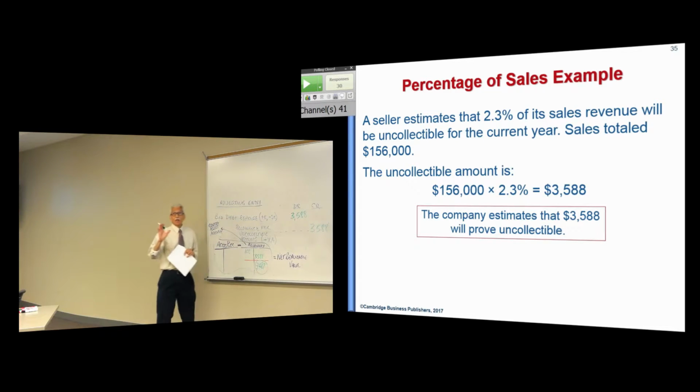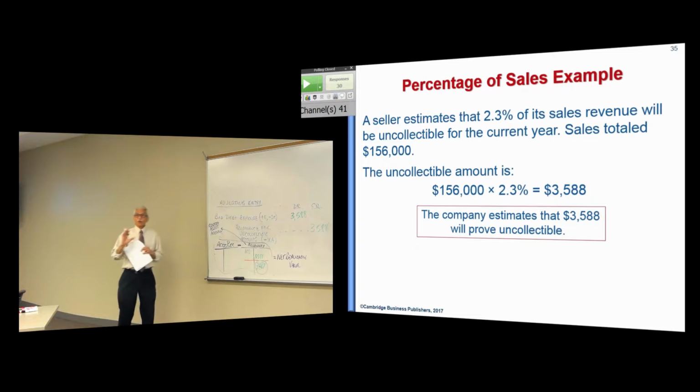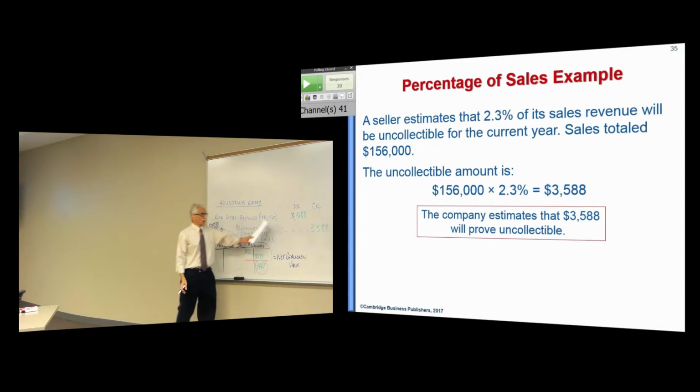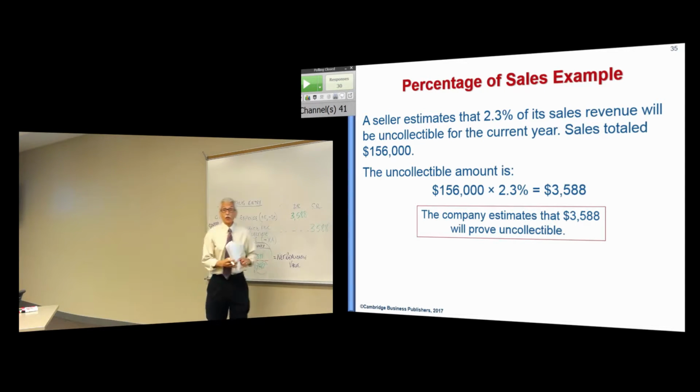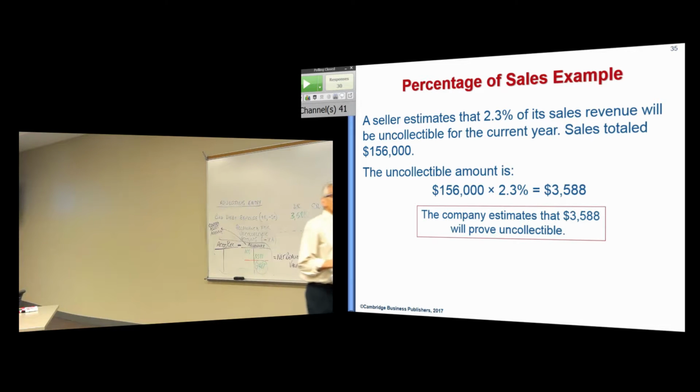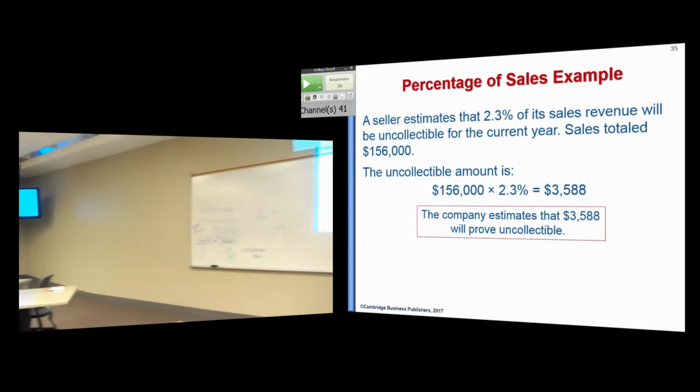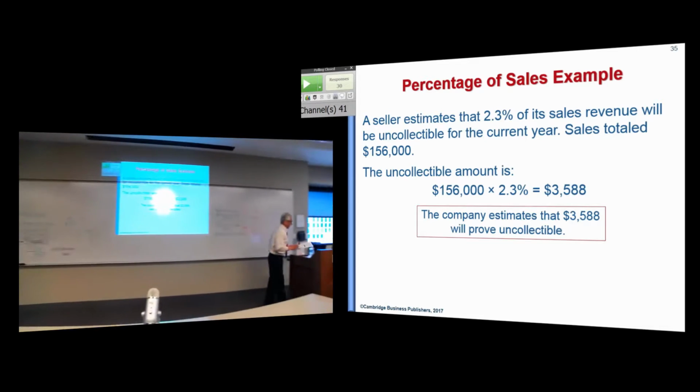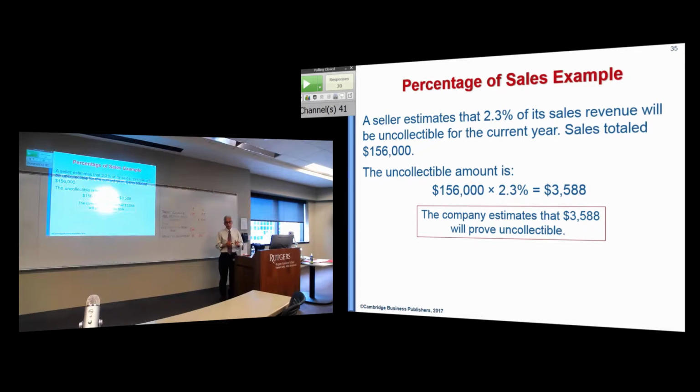So what happens is that when you use the percentage of sales approach, it is an income statement focus. I'm only worried, and my main concern is to get the bad debt expense at $3,588. The resulting balance in the allowance for bad debts is secondary. It's forced. That balance is forced. Now, of course, in practice, you're going to combine lots of different approaches.